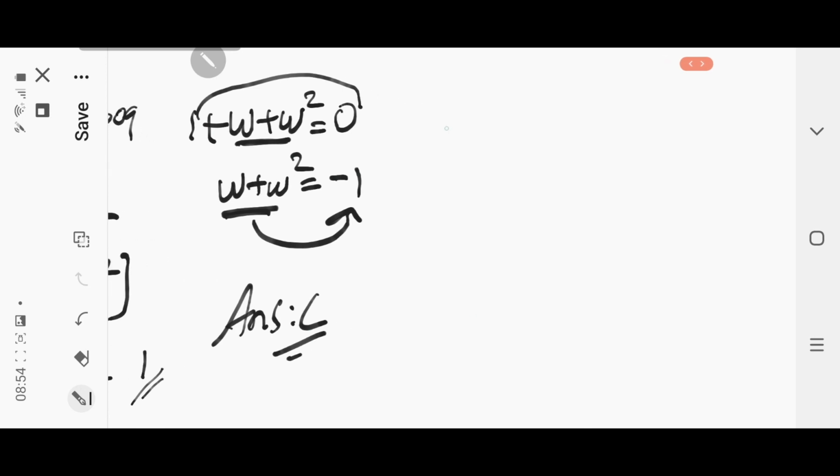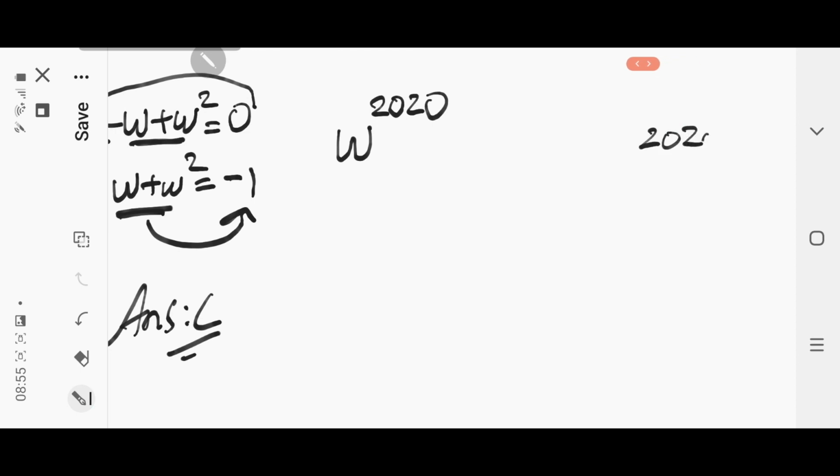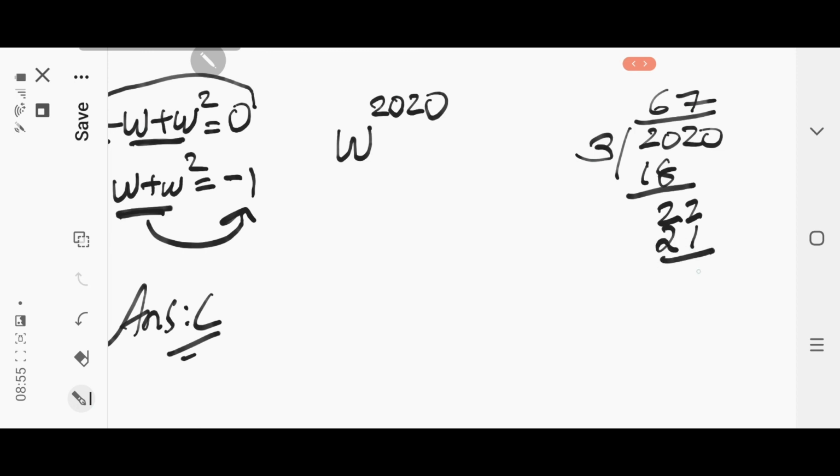One more time, about how to find higher powers of omega. If you need to find omega raised to 2020, what is that? Just divide 2020 by 3. 6 threes are 18, remainder is 2, you take 22, 7 threes are 21, remainder is 1, you take 10. 3 threes are 9, remainder is 1, right?